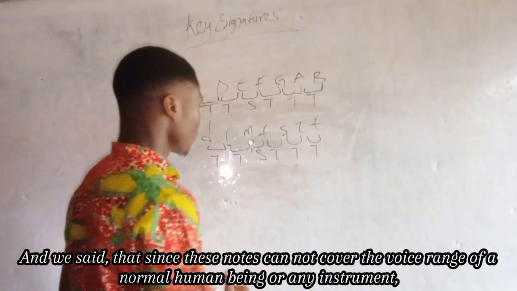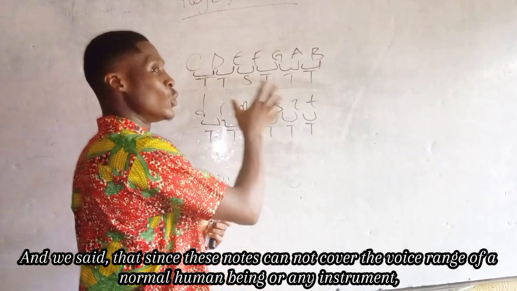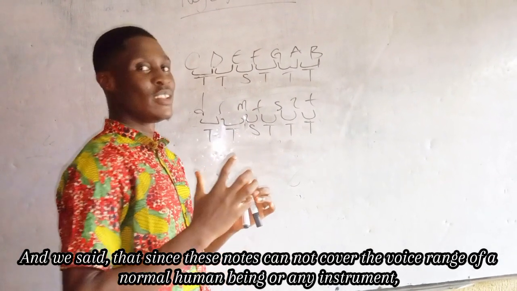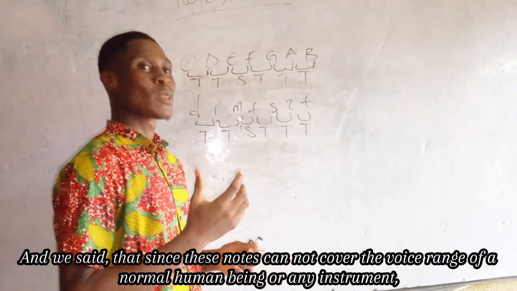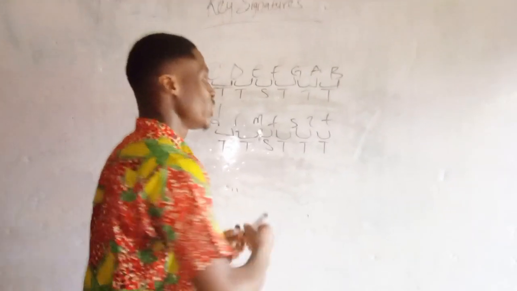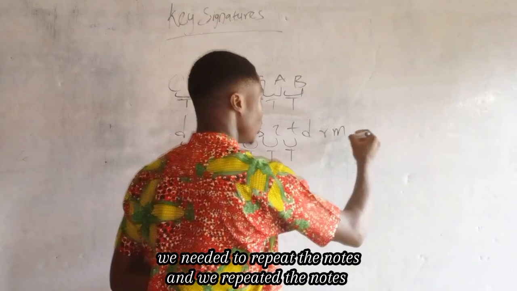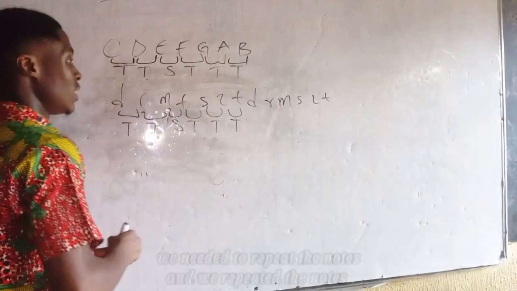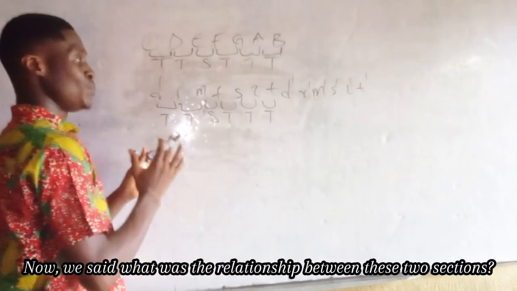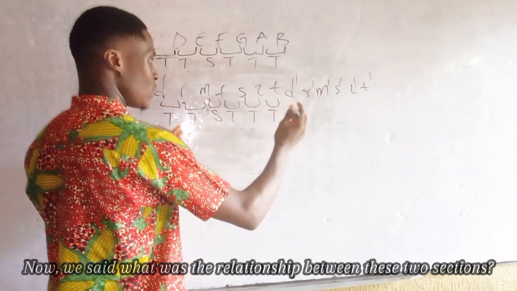And we said that since this number of notes cannot cover the voice range of a normal human being or any instrument, we needed to repeat the notes, and we repeated the notes. What was the relationship between these two sections?